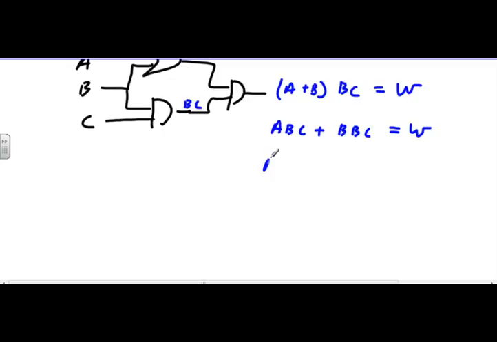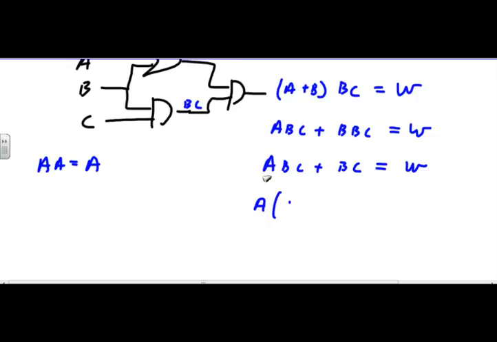And then I'm going to rewrite it. A B C or B B C, I can rewrite that as B C. And one of our rules that we skipped is A and A is A, rule number 5. So I look at that and say, well, I can write this as A. No, I can't.